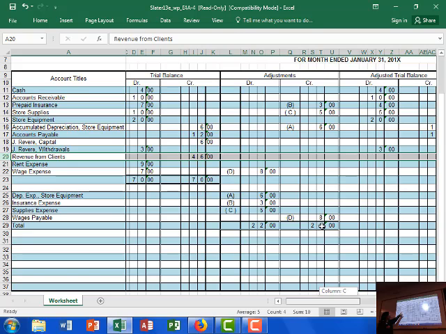Our revenue. Let's see if we made any money. All of our expenses are how much? What do they total up to? $38, correct.